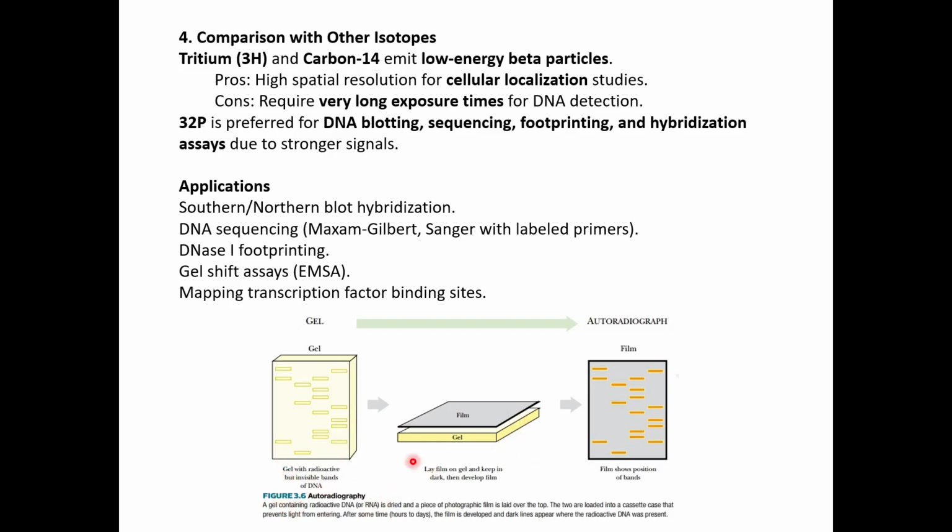So this is a figure you can see for autoradiography. Your gel is kept and a film is kept, and then you have your X-ray and it will be exposed, and then your film will show wherever your radioactive labeled DNA bands are present, it will give bands in this way. So, a gel containing radioactive DNA is dried and a piece of photographic film is laid over the top.